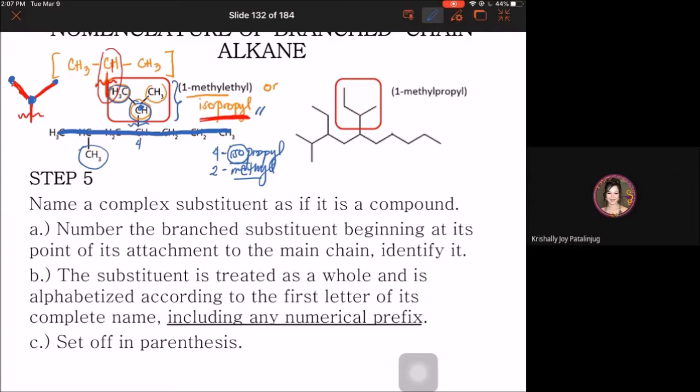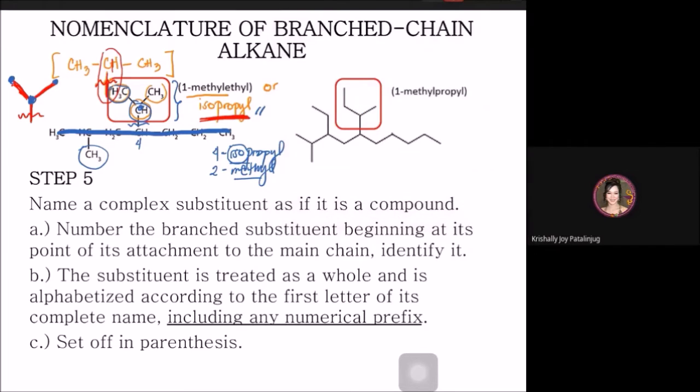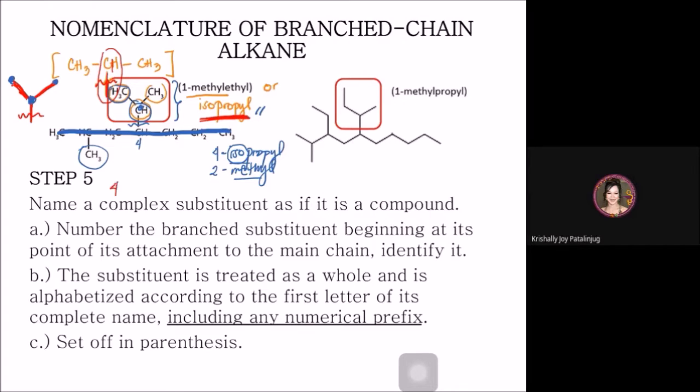So iso will come first, bago yung methyl, then the parent which is heptane. Okay, susulat ko yung name if ang gipili is isopropyl. So we have 4-isopropyl, 2-methyl, 2,4,6,7-heptane. So pwedeng yan yung name for that molecule.